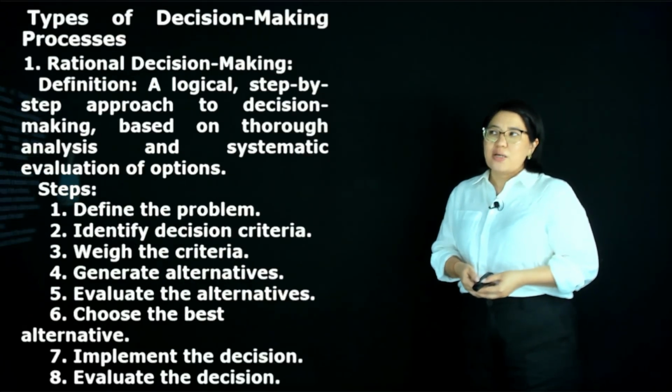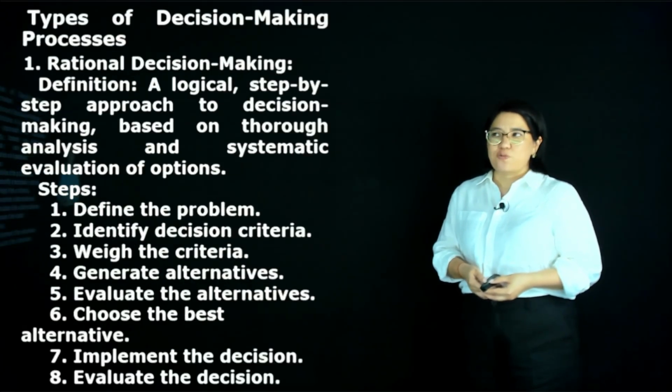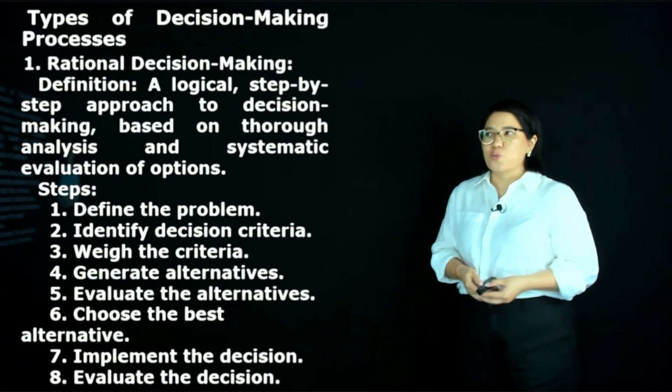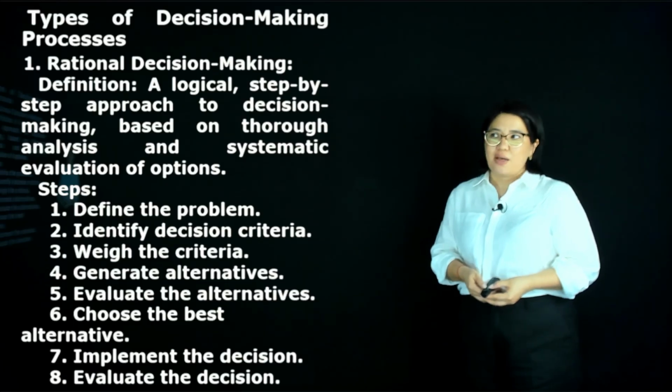And now we consider the types of decision-making processes. The first one is rational decision-making. And what does it mean?